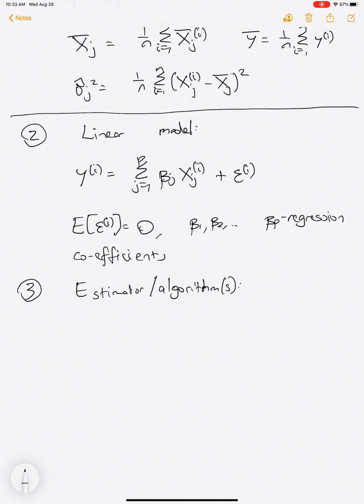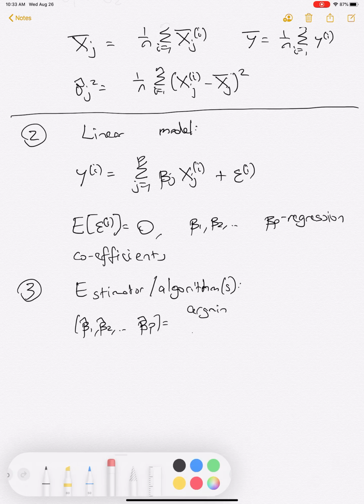We can say that our estimators of these regression coefficients, which are the parameters of interest, are simply the minimizers of this least squares objective.